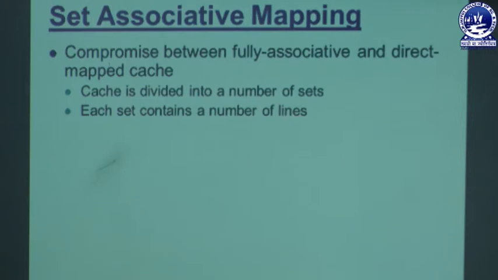If a cache memory has 32 lines and the cache is divided into 4 sets, you can conclude that each set will have 8 lines, because the number of lines in the cache is 32 and the number of sets is 4.